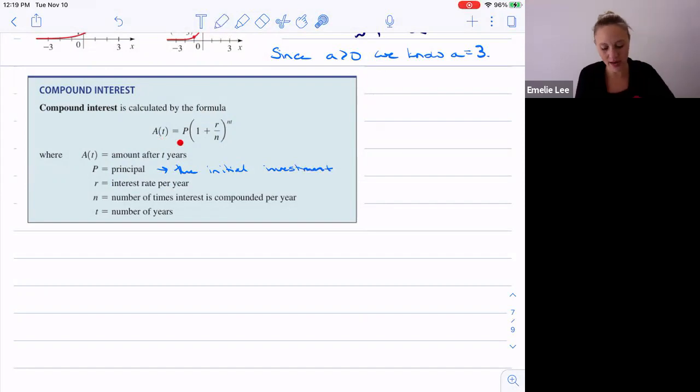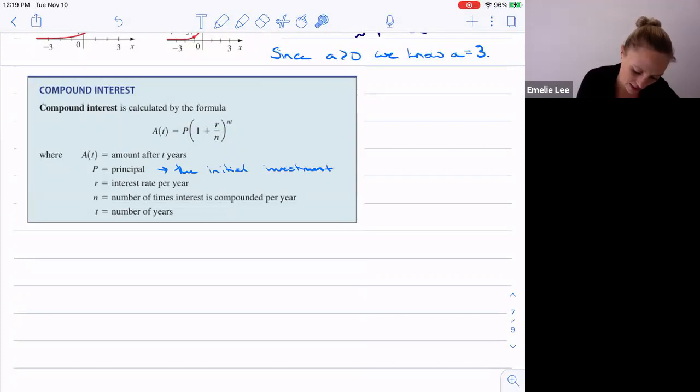As long as we have all the information except for one piece, by the end of this chapter we'll be able to solve even for n and t, which is kind of hard because we don't yet know how to solve for something in the power. So for now, we're just going to solve for A of t, P, and r, because it's just math.